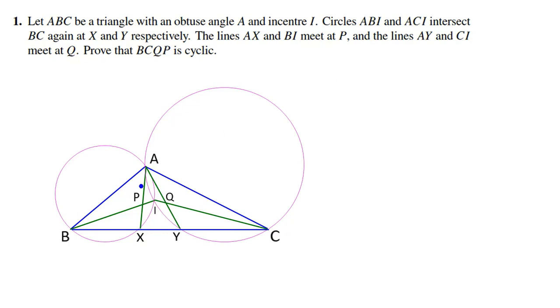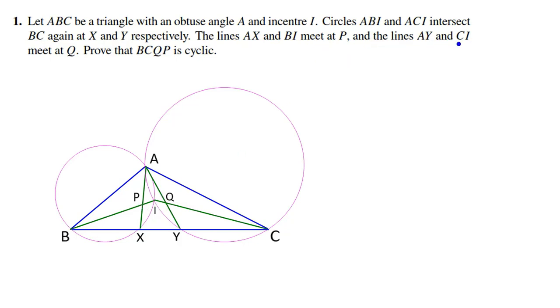Circles ABI and ACI intersect BC again at X and Y. And let me tell you something, BMO is for the UK, AMC and AMO are for the USA. These two exams are the most prestigious Olympiad exams in the world at national level. So circles ABI and ACI intersect BC again at X and Y. Look, this circle, X and Y. The lines AX and BI meet at P, this point.